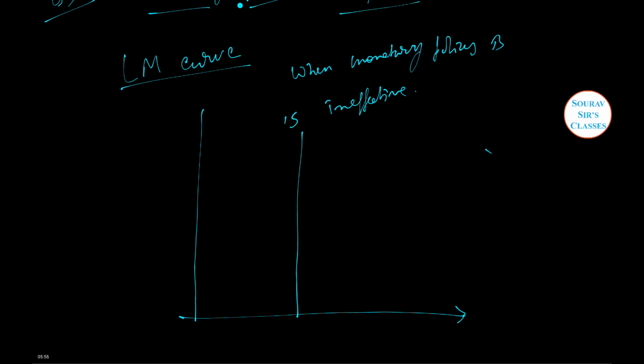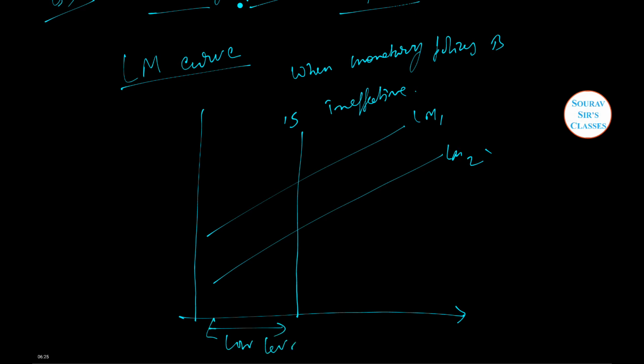This is the IS curve, and if you keep increasing the LM from the LM1 position to LM2, there is zero interest responsiveness of investment spending. So a vertical IS curve implies expansionary monetary policy is ineffective in raising national income. At the time of the Great Depression, the IS curve was vertical and stuck at a low level of income.